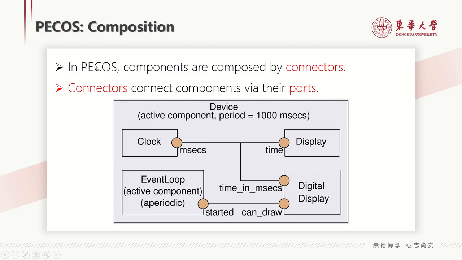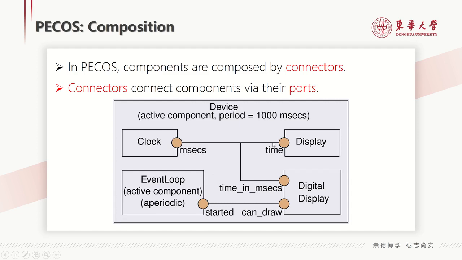In PECOS, components are composed by connectors, and the connectors connect components via their ports. So inside this system, where are the connectors? These are the ports, the brown circles are the ports. So what's the connector?